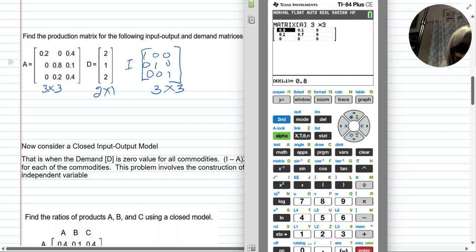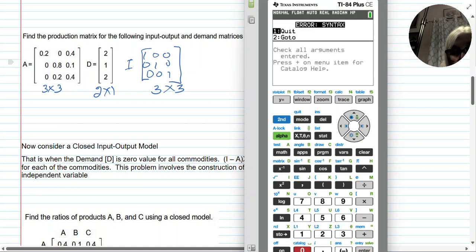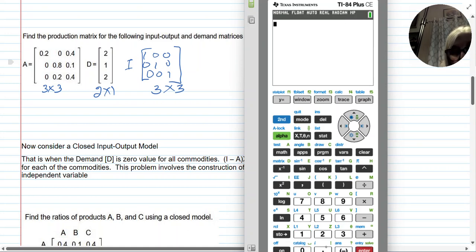And I'm going to enter the values. 2/10, enter. 0, enter. 0.4, enter. 0, enter. 0.8, enter. 0.1, enter. 0, enter. 0.2, enter. And 0.4. Okay, oh no!